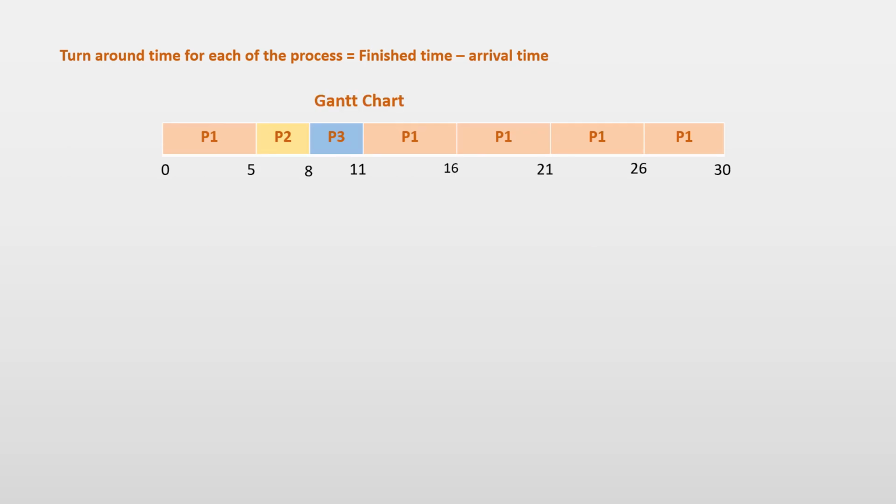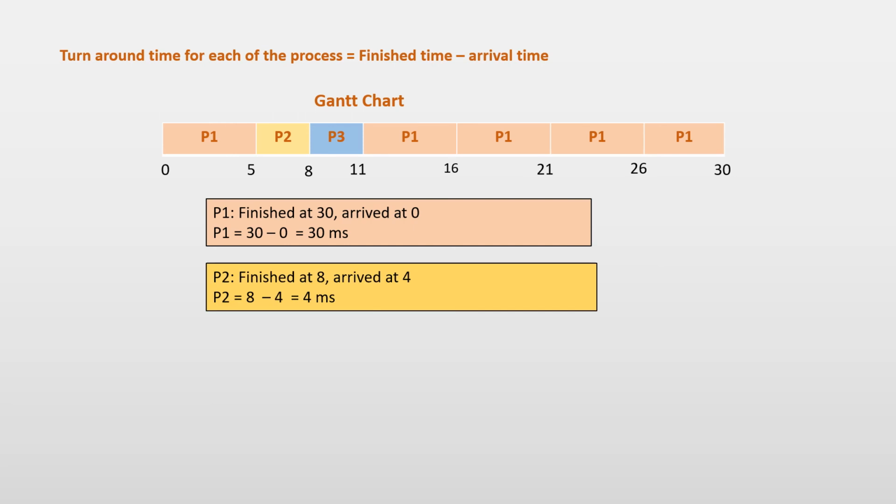Now let's calculate the turnaround time. Turnaround time is finish time minus arrival time. So here process P1 finished at 30 milliseconds and it arrived at time 0. So total time it was in the system was 30 milliseconds. P2 finished at 8 milliseconds.